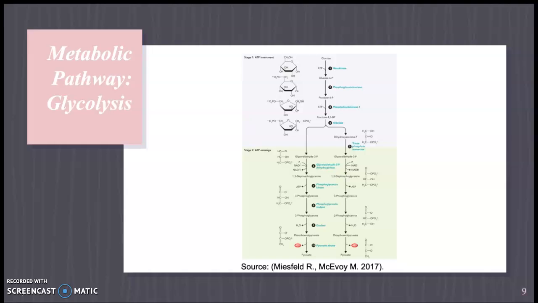So in all, we produce a net gain of 2 ATP molecules, 2 NADHs and 2 pyruvates, and that's glycolysis. Glycolysis breaks down glucose into pyruvate in order to produce ATP, or energy.